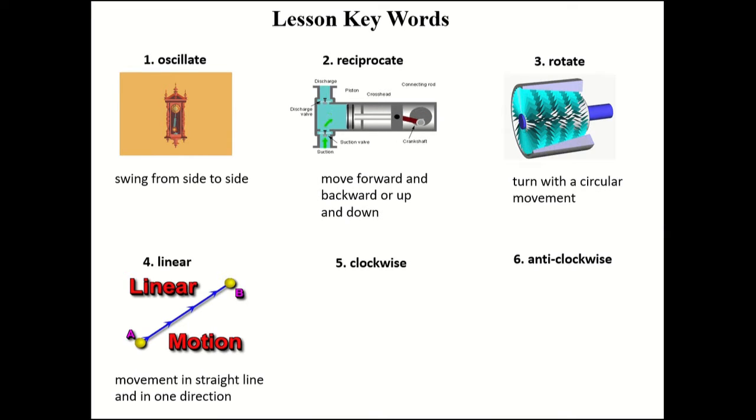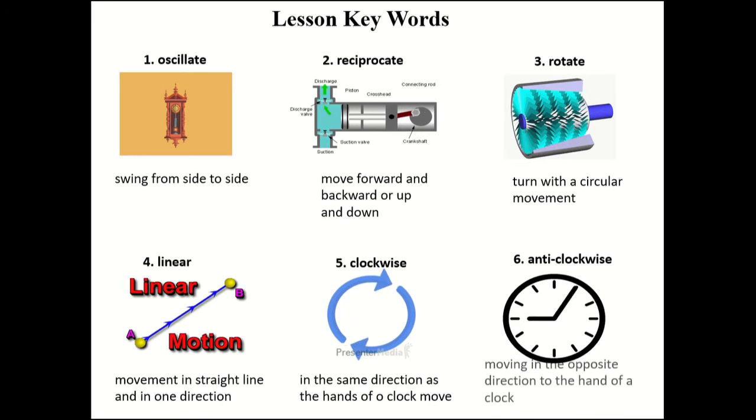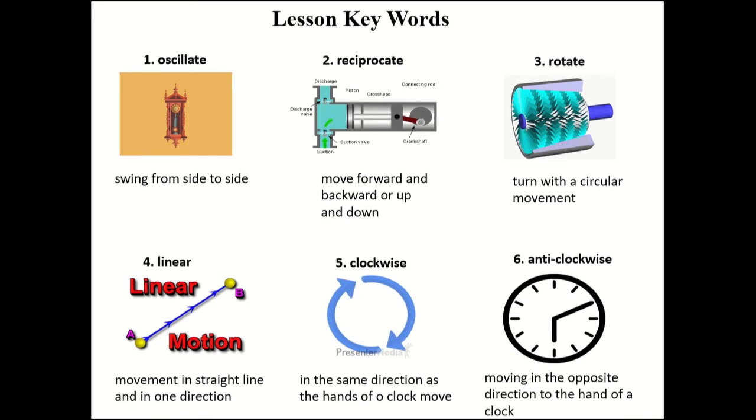Number five, clockwise, from the word clock, is a movement in the same direction as the hands of a clock. And number six, anti-clockwise, is the opposite of clockwise. In other words, it is a movement in the opposite direction to the hands of a clock.